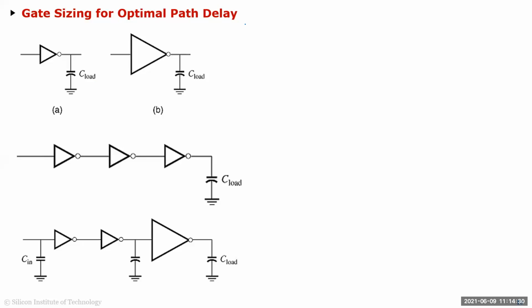We did an earlier example where we calculated R equivalent of N is 14, so I'll just take it approximately as 15 kilo ohm per square.